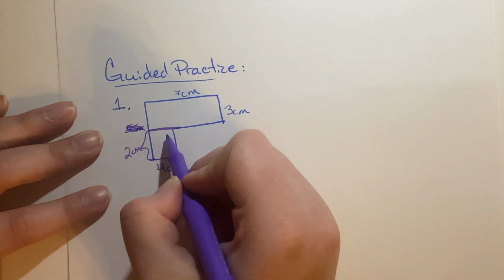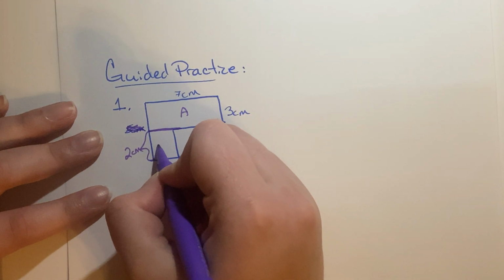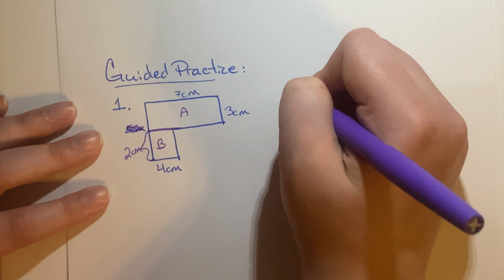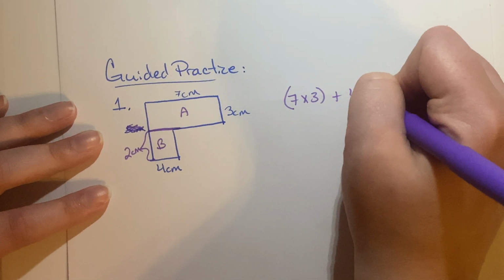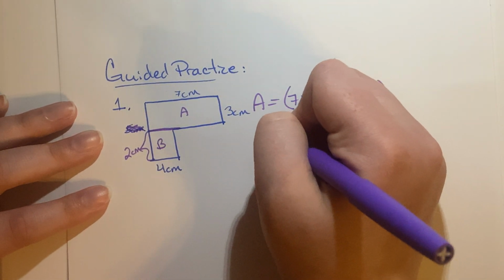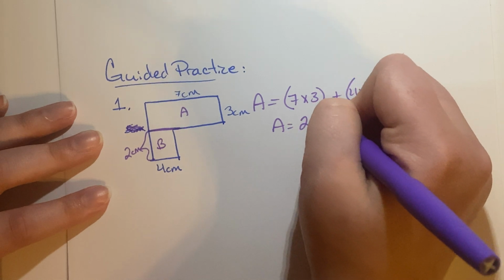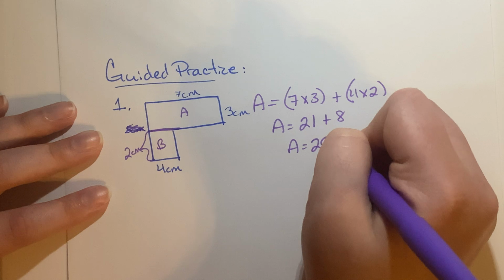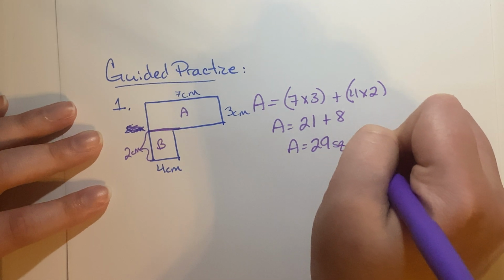We have 3 and 7, which is A, and we have 4 and 2, which is B. So 7 times 3 plus 4 times 2 would equal our area. So area would equal 21 plus 8. So the area is actually 29 square centimeters.